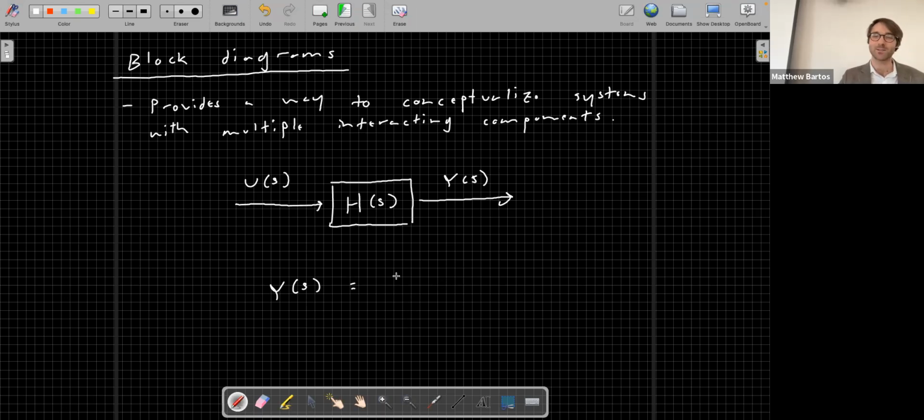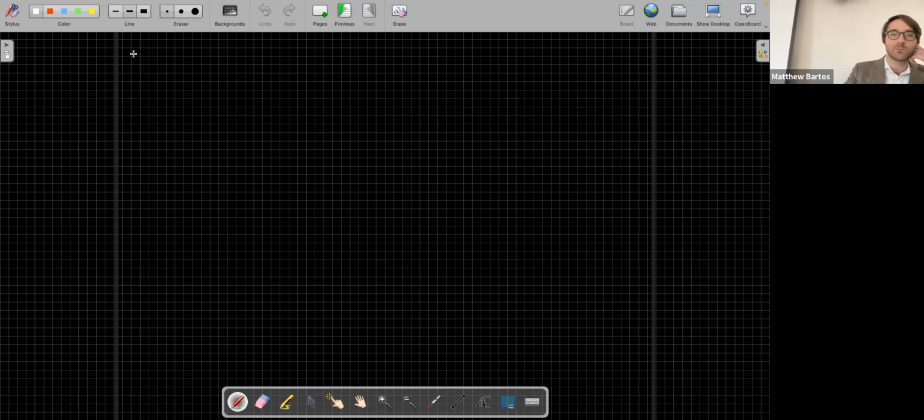Yes, it's equal to H of S times U of S. So in the frequency domain, these block diagrams work exactly the way we would think about them. We take an input, apply it to a block, and we simply get that block multiplied by our input, which produces some output, in this case Y of S. It works intuitively the way we think it would.